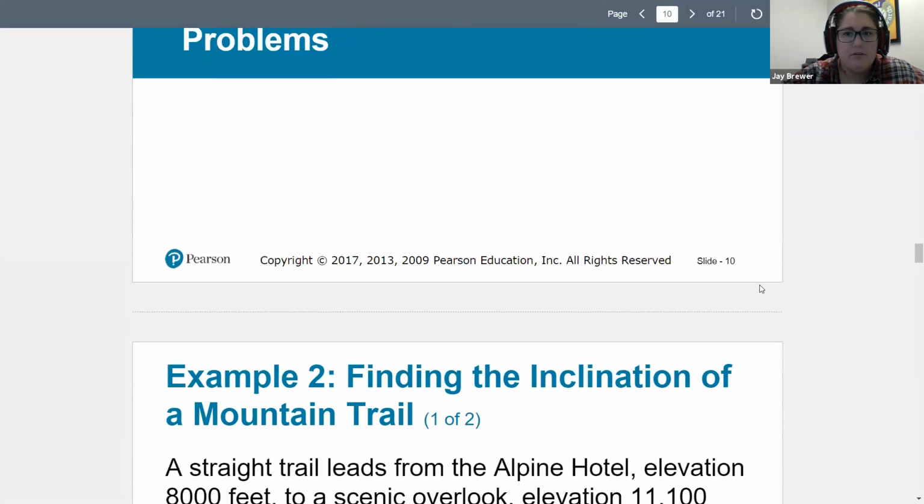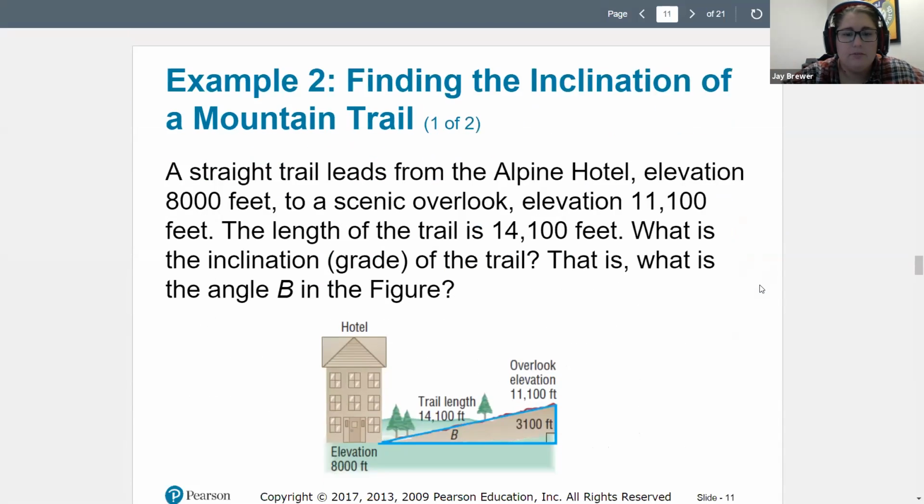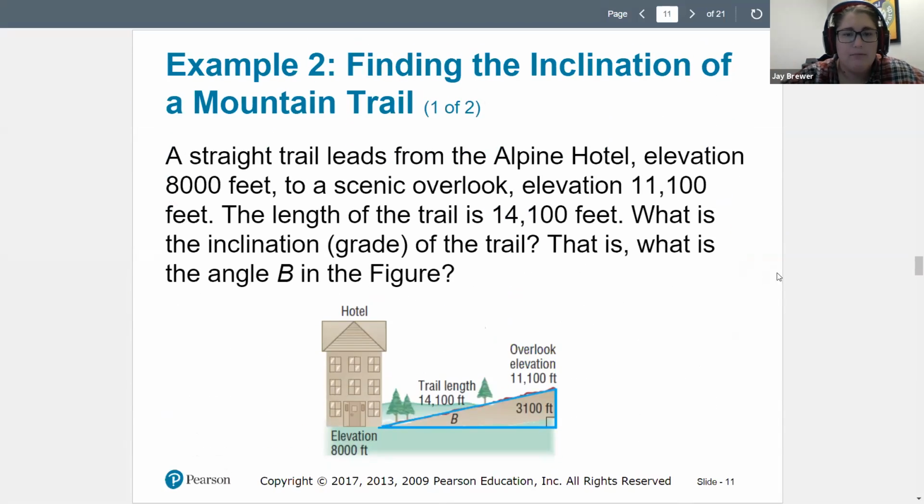All right. So we're going to move on to some application problems. I want you guys to go ahead and take your information down, and then we'll go over to the whiteboard. So it says here, finding the inclination of a mountain trail.